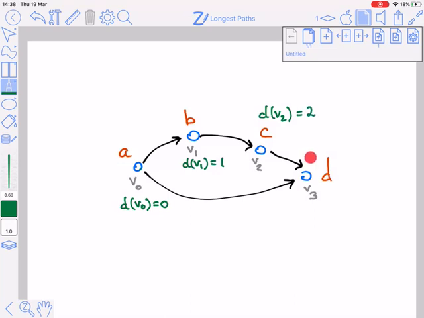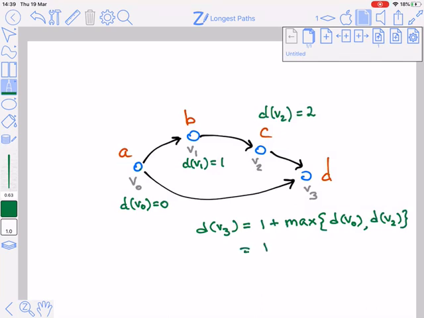Finally, we look at v3. v3 has two edges which enter it, one from v2 and one from v0. So d of v3, by the definition of the algorithm, is 1 plus the maximum of d of v0 and d of v2.